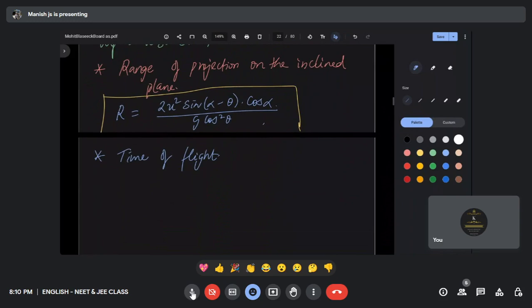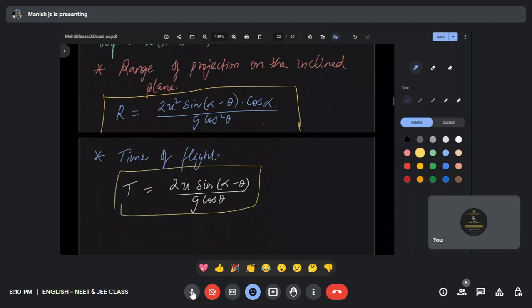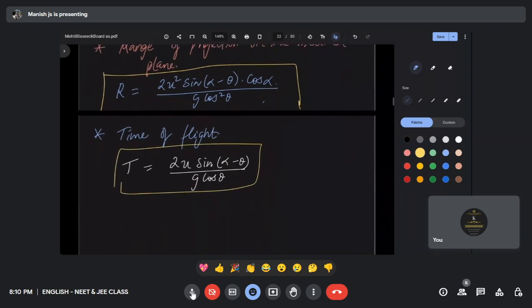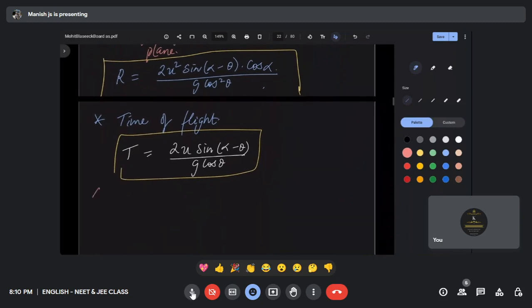Here there will be an angle, so we will write that as 2u sin of alpha minus theta upon g cos theta. So this is the formula for time of flight. Similarly, the maximum range can also be written down for this situation, so let's see that also.